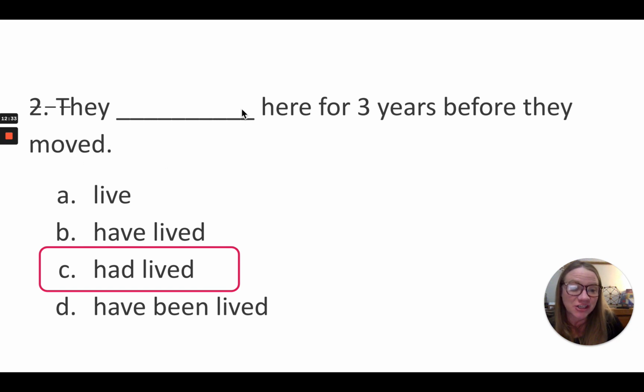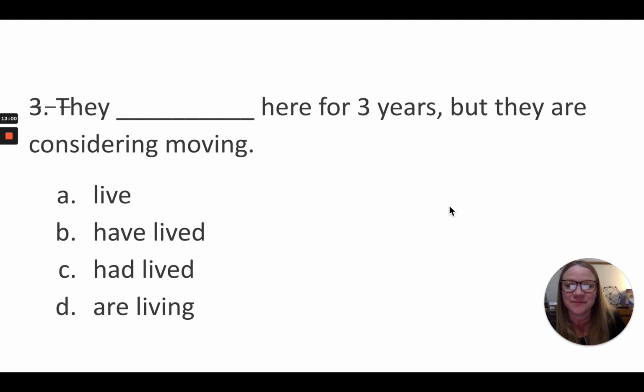So if this action happened first, they lived here for 3 years first, and then they moved second, then we need to use past perfect, right, to show that this action finished in the past. If we use letter B, have lived here for 3 years, that means that they are still living here now. So we don't want to say that, right, because they moved.